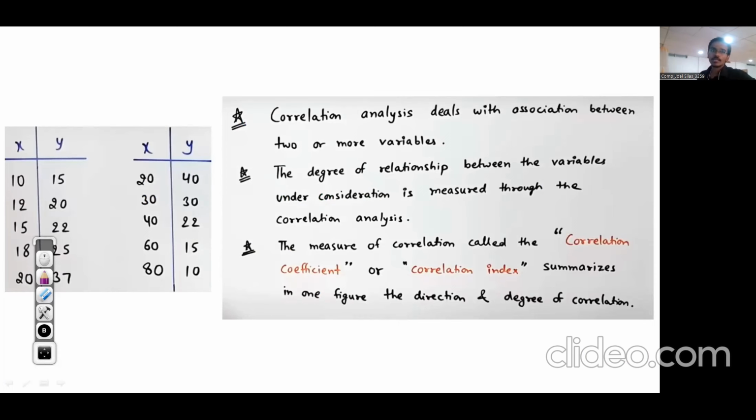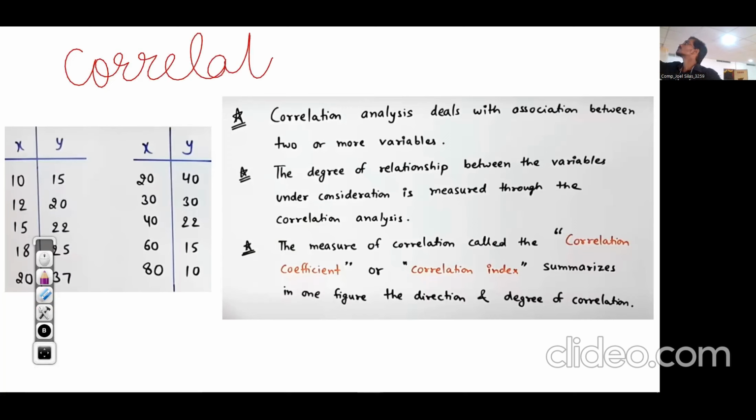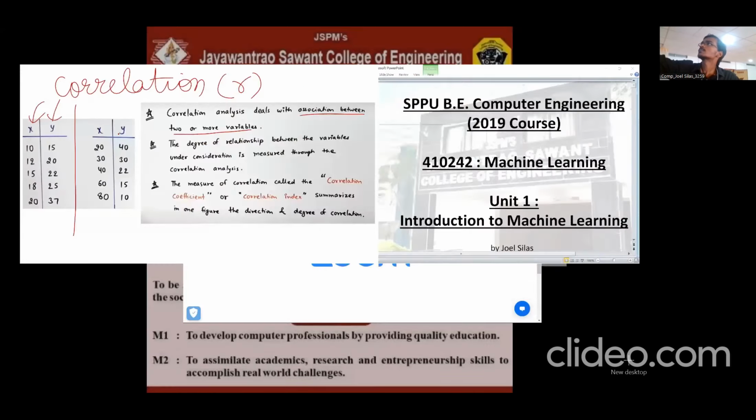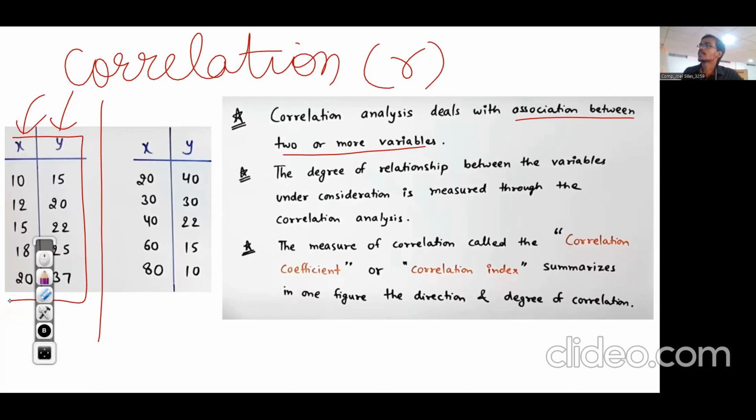Now we will understand correlation, which is denoted by the letter R. So correlation analysis deals with association between two or more variables. For example, if we have two variables, X and Y, in this particular data frame, then we need to understand how X and Y are related.